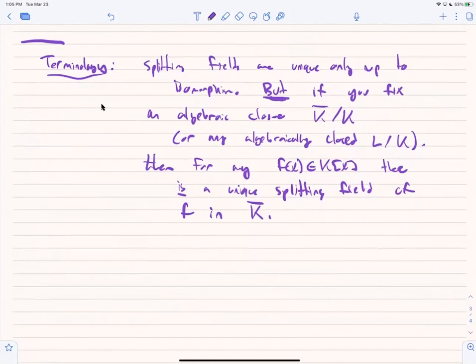When I say unique, that means if you don't have some ambient extension fixed like this, then the words "the splitting field" don't make sense, because there is no specifically pinned down splitting field. If you want to pin down a splitting field, you need to do something, and one thing you can do is fix an algebraic closure.